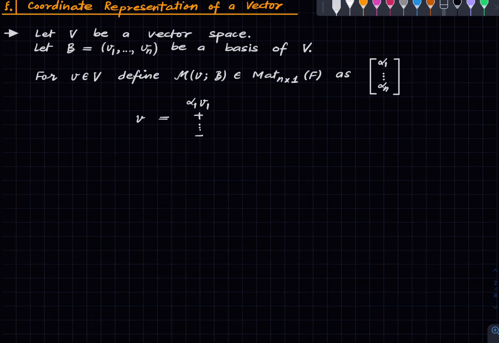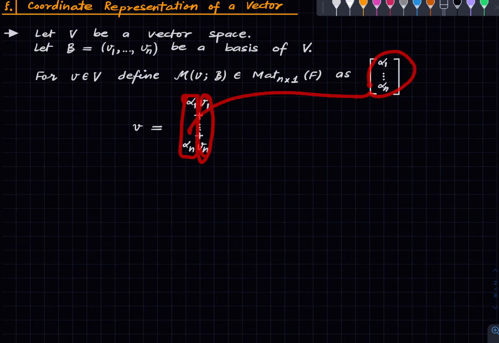I'm just deliberately writing it vertically. Any vector V in the vector space V can be expressed as a linear combination of the basis vectors. The scalars that we obtain, we just arrange them in a column and we get an n cross 1 matrix. So this is the coordinate representation of the vector V with respect to the basis B.